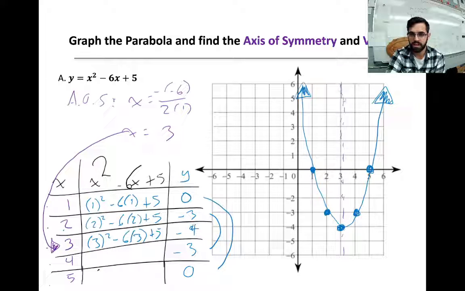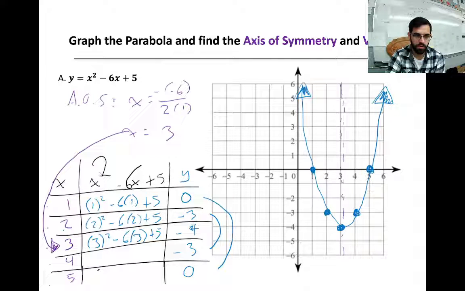Because this is the axis of symmetry and 3, -4 is the vertex, we know that the right side has to be symmetrical. So I know that 4 has to go to -3 and 5 has to go to 0.